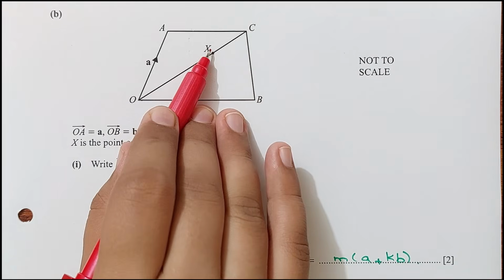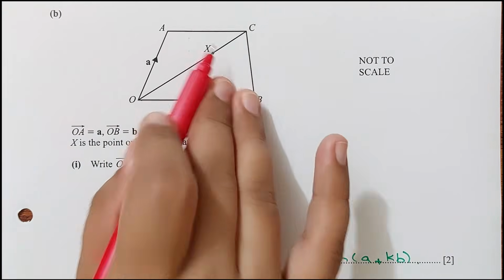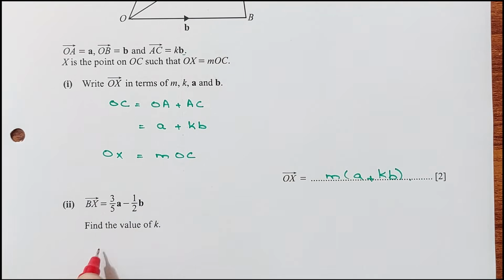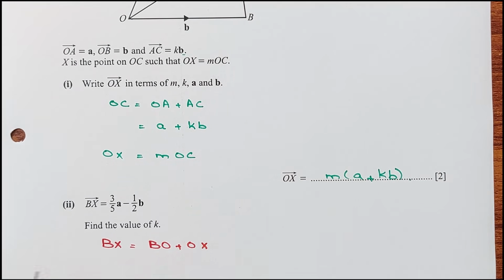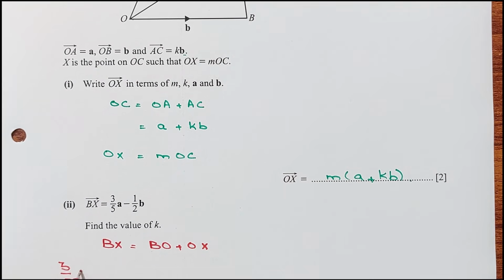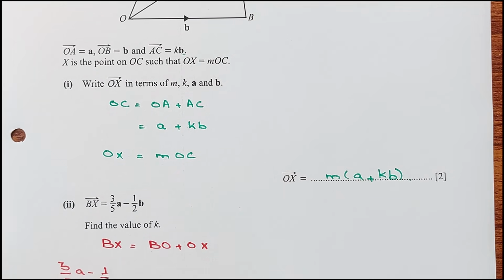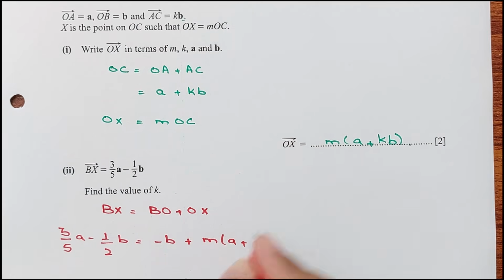B to X follows the path of B to O and O to X. BX is BO and OX. BX is given, which is 3 by 5 of A minus 1 by 2 of B. BO is negative B plus M times A plus KB, OX.